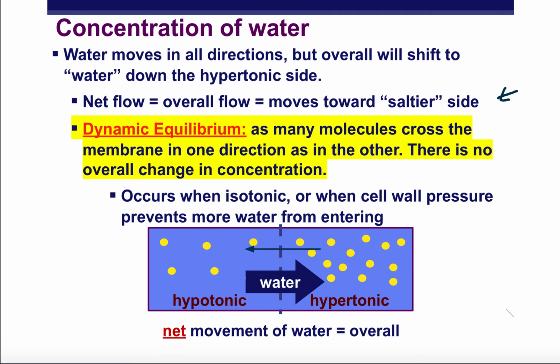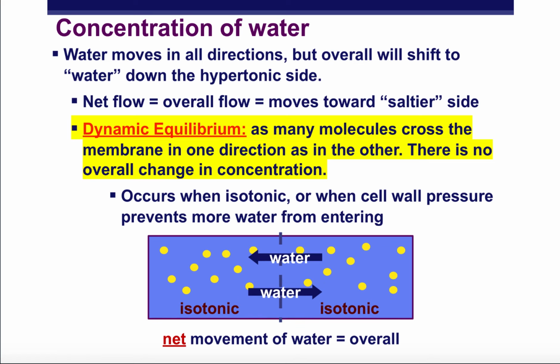It's going to stay equally concentrated even though water is flowing back and forth. So molecules can cross in both directions, but there is no overall change at the end of the day. So there's no net flow, but there is some flow back and forth, just an equal amount towards both sides.